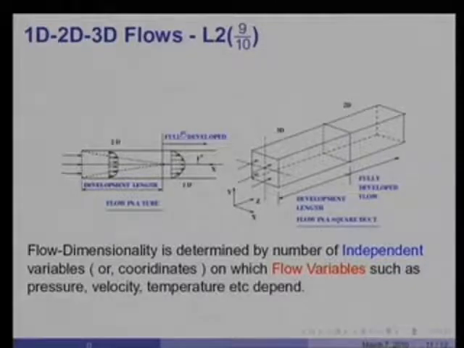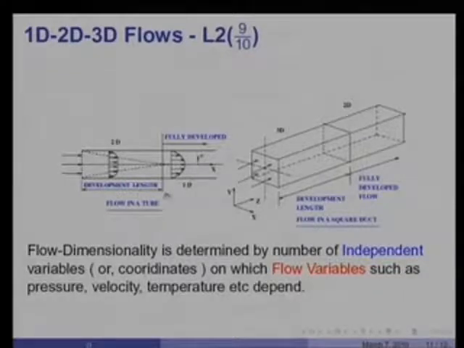You are all familiar with these terminologies, development length and fully developed length. But notice that in the development length, flow variables such as pressure, velocity and temperature are functions of independent variables x and r, whereas in the fully developed region they are functions of r only.